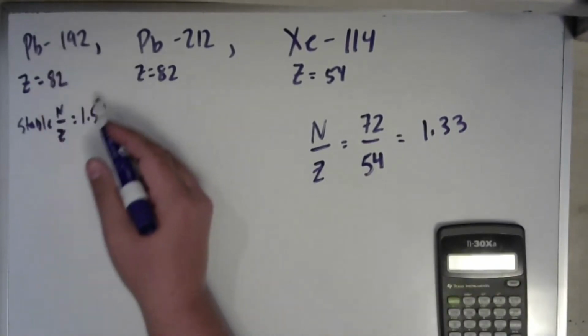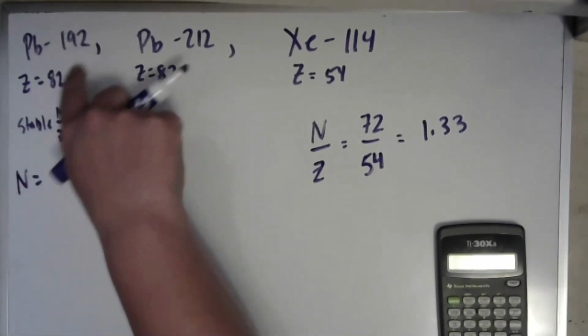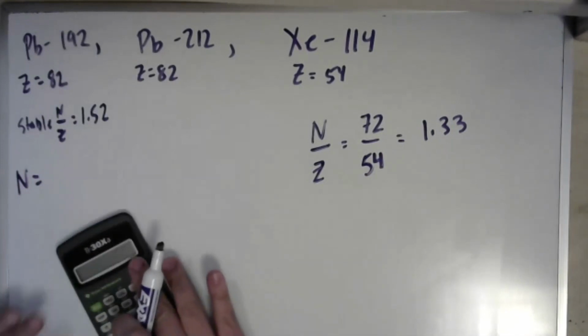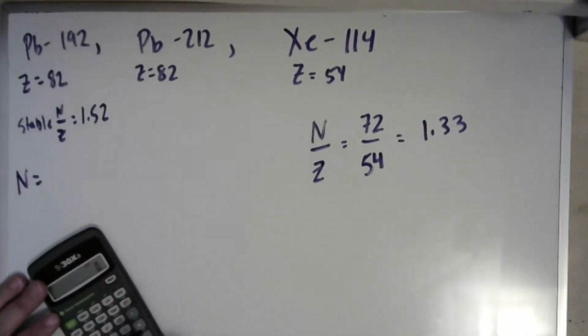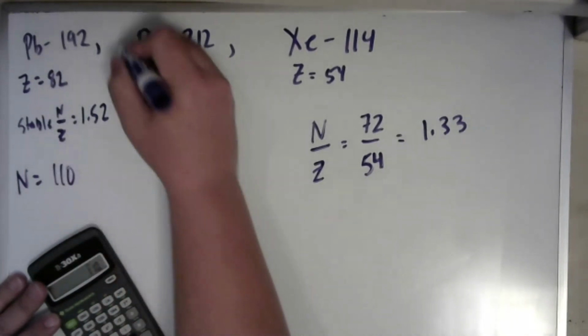So for Pb-192, we get our neutron value by subtracting our protons from our mass number. 192 minus 82 is going to be 110.